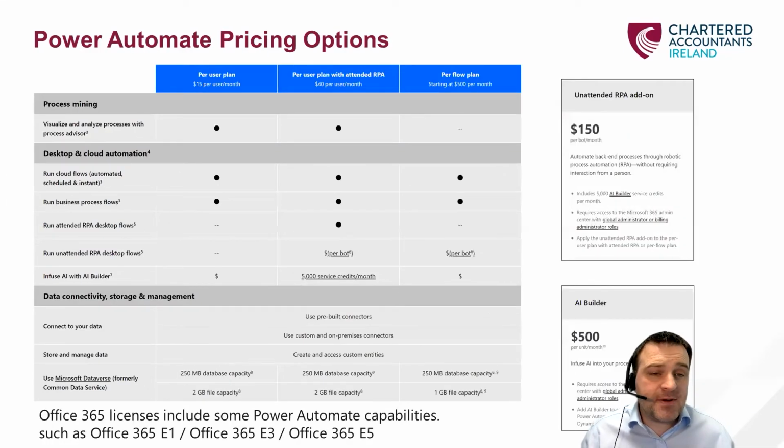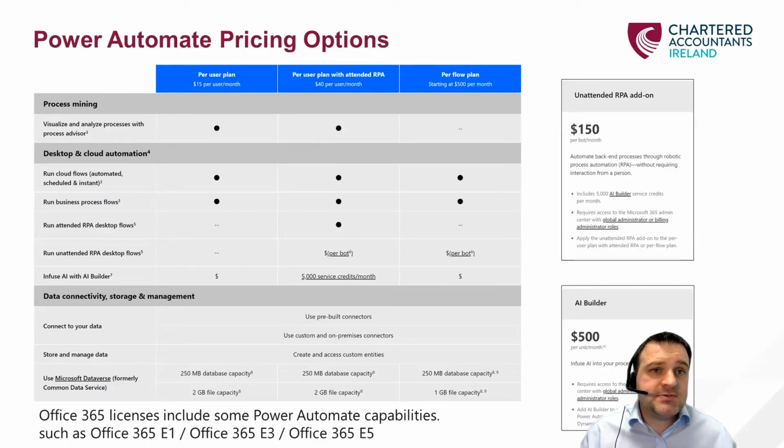The next thing I'm going to talk about is Power Automate. What we just showed you today, Power Automate is free if you have an Office 365 license, whether that's an E1, E3, or E5 license. There is additional functionality in Power Automate around robotic process automation, which is basically like little robots in the cloud to do certain actions.